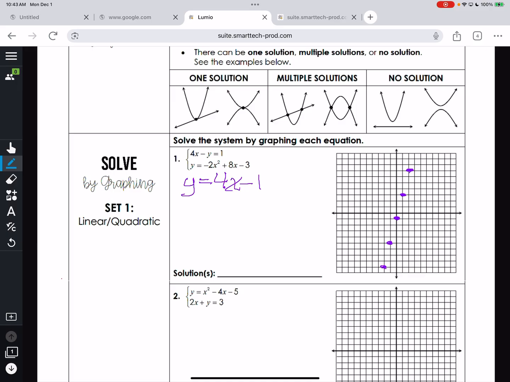So negative 8 over negative 4, so positive 2. So opposite b, negative 8, and then 2 times negative 2 is going to be negative 4. So the x part is a positive 2.